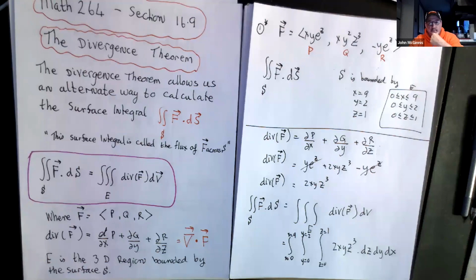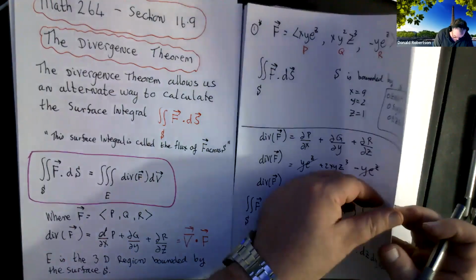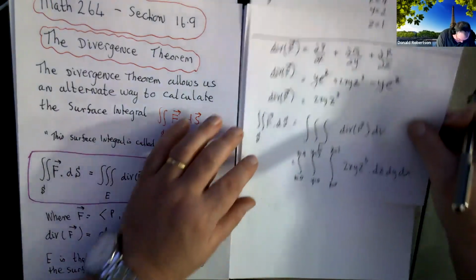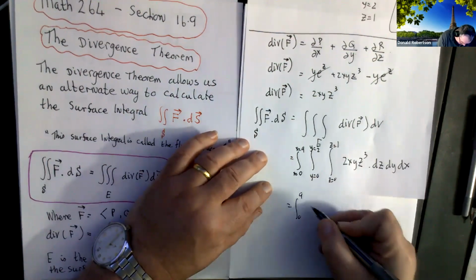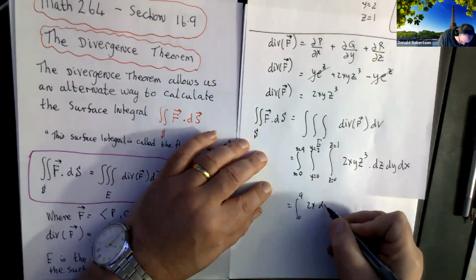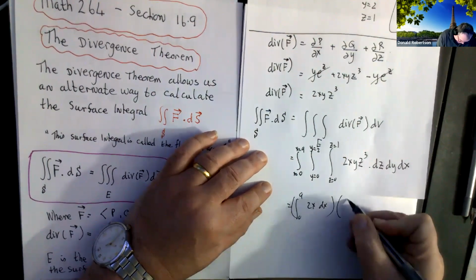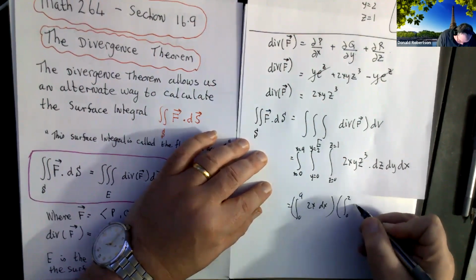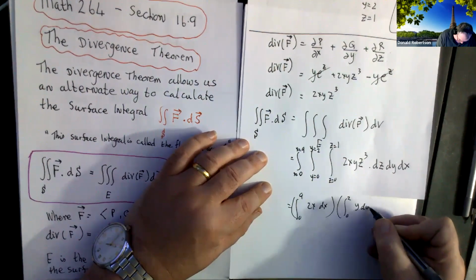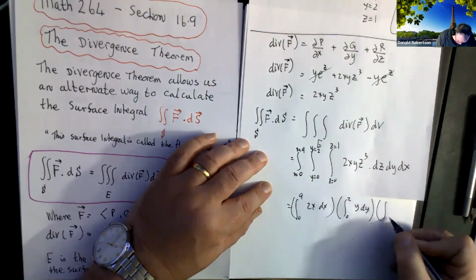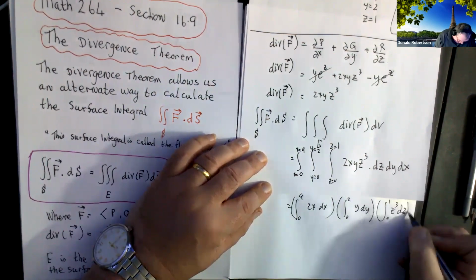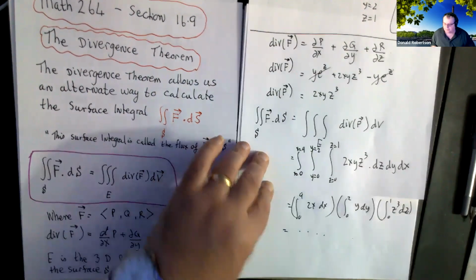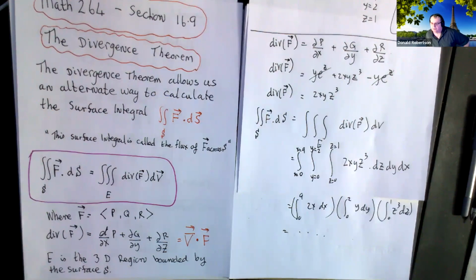So wouldn't you, for ease of calculations, just find the integral from 0 to 9 of 2x, the integral from 0 to 2 of y, and the integral from 0 to 1 of z cubed? And I'm not going to do that. Would you agree that's just good old fashioned calculation you could do in your sleep?